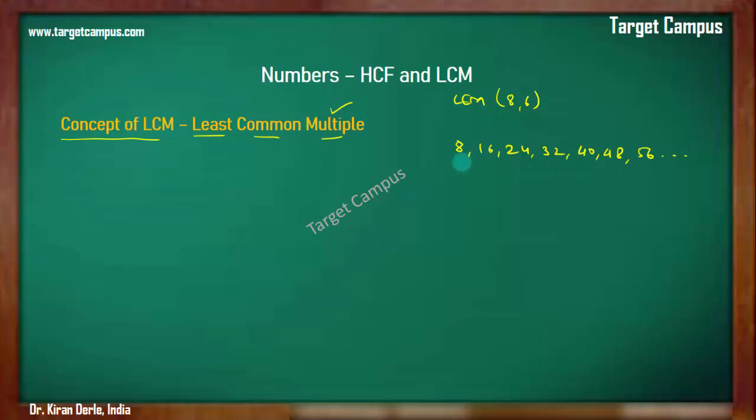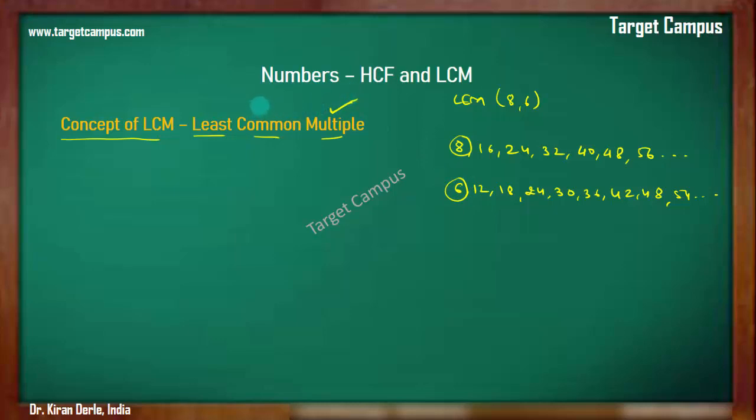Infinite multiples we have of 8. Then for 6 we have 6, 12, 18, 24, then we have 30, 36, 42, 48 and 54 and so on, right? So infinite multiple of 8, infinite multiple of 6, right? So the infinite multiples of 8 and 6.